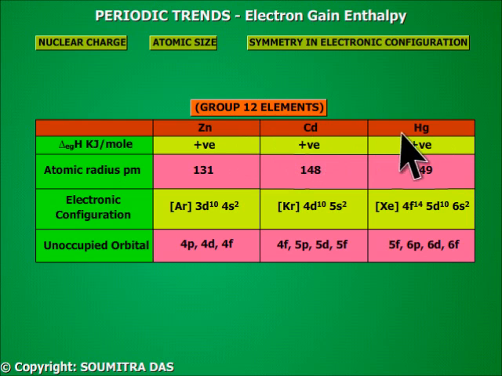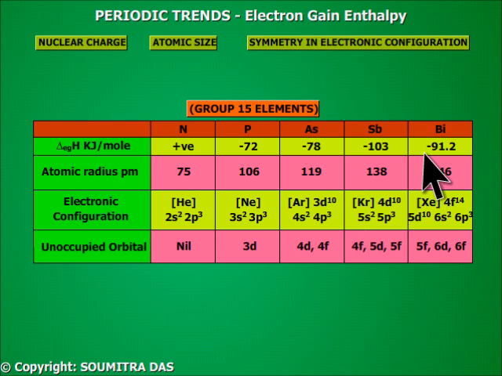These three elements have symmetric electronic configuration with fully filled orbitals, so they have positive electron gain enthalpy. Then comes the group 15 elements. Nitrogen over here has positive electron gain enthalpy due to symmetry in the 2p half-filled orbital and the absence of unoccupied orbital.